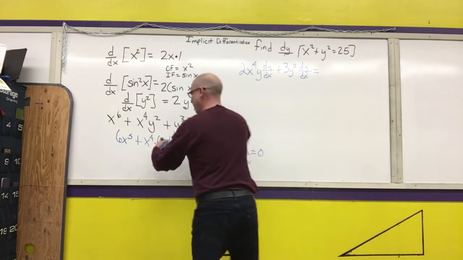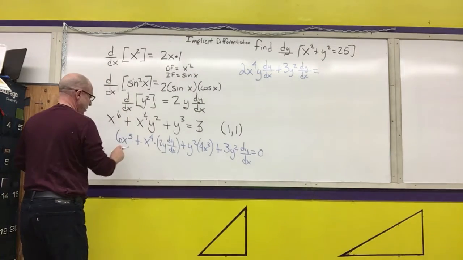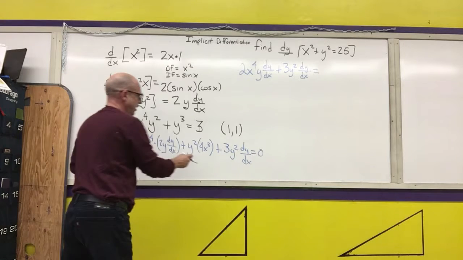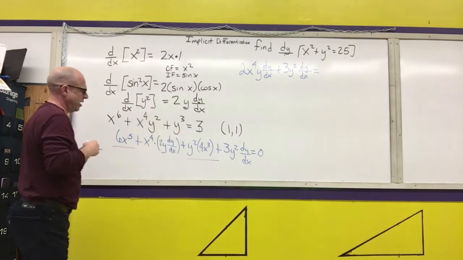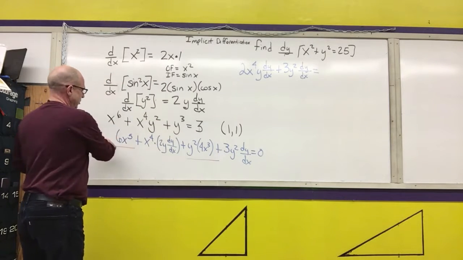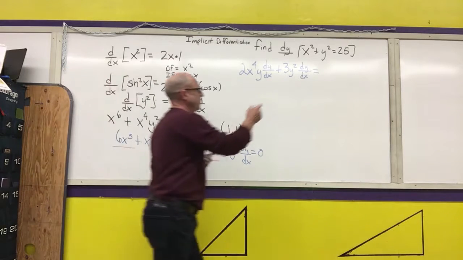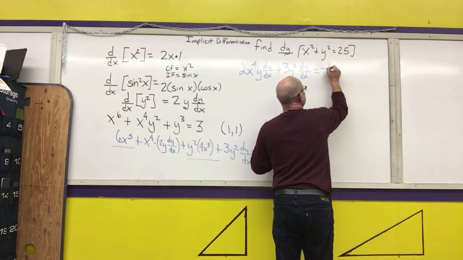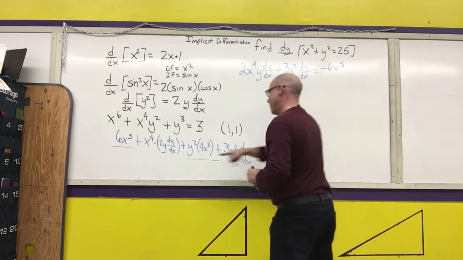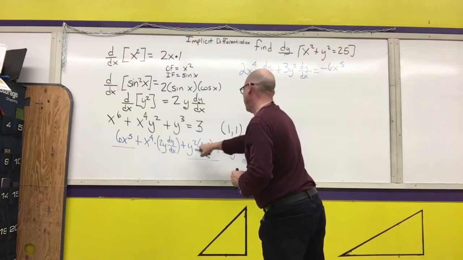I am going to move the terms that don't have a dy/dx to the right-hand side. So I get negative 6x to the fifth minus 4x cubed y squared.